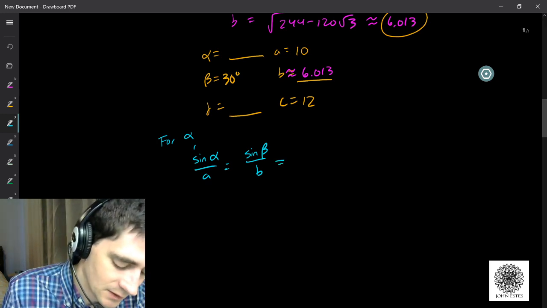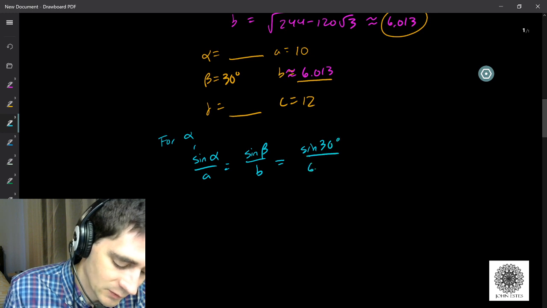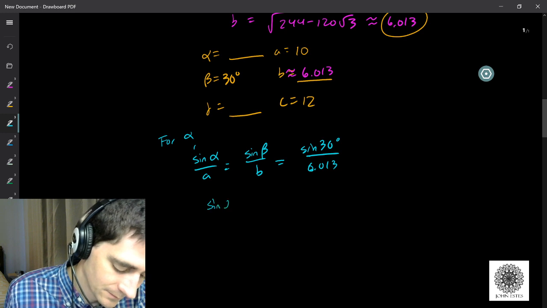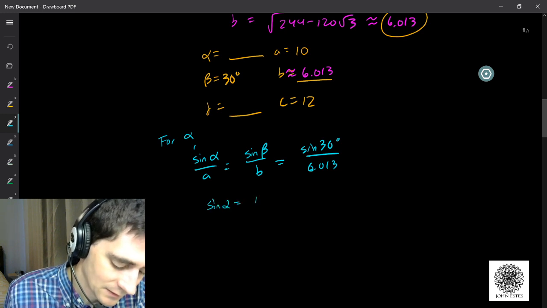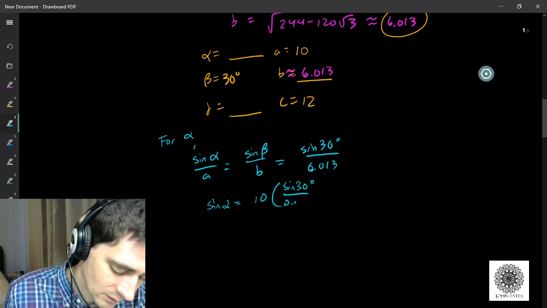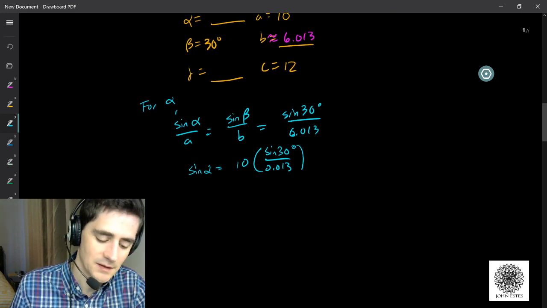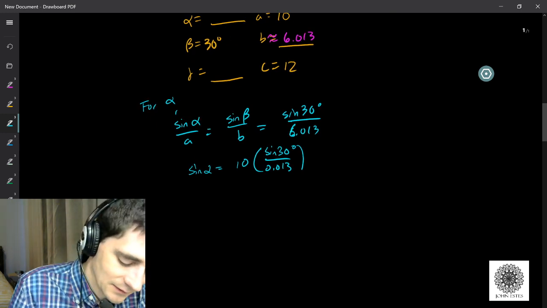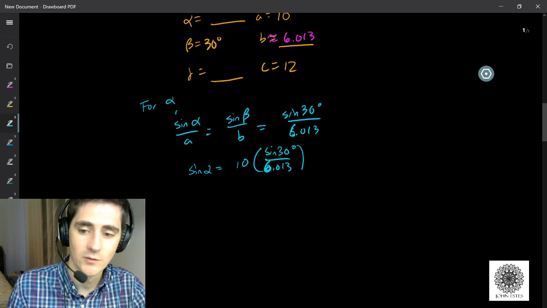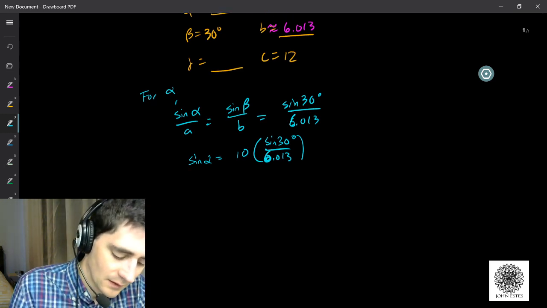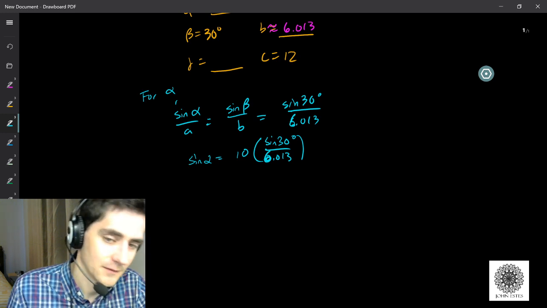So that's going to be sine of 30 degrees divided by 6.013. We also know that A is 10, so I get 10 times sine 30 degrees over 6.013. When you work out this arithmetic, how do you find alpha from here?